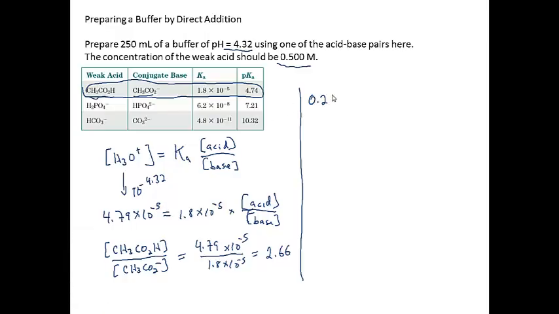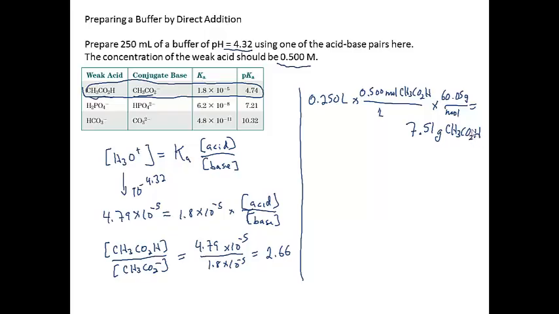So we're going to take 0.250 liters times 0.500 moles of CH3CO2H per liter times the molar mass for acetic acid, which is 60.05 grams per mole. And then that tells us the mass of acetic acid we want to use. We want to use 7.51 grams of acetic acid.